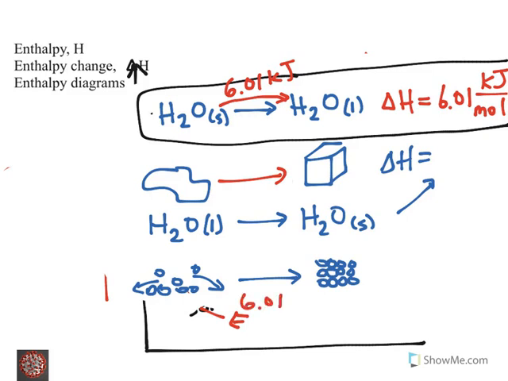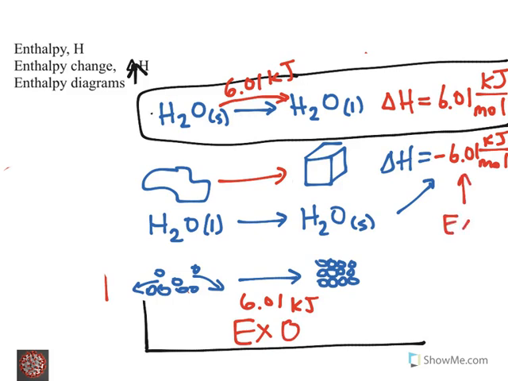Specifically, 6.01 kilojoules per mole. So the delta H for 1 mole of liquid water freezing into 1 mole of solid is going to be negative 6.01 kilojoules per mole, which happens to be an exothermic process. Remember, when it's negative, it's exo. When delta H is positive, it is endo.